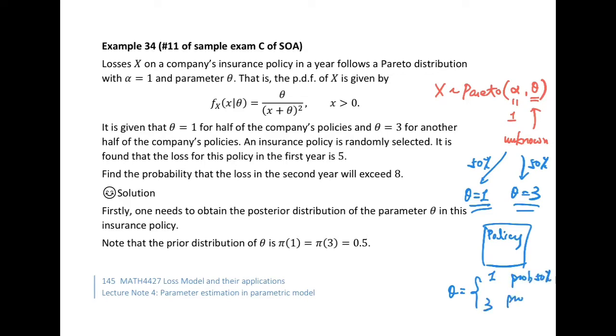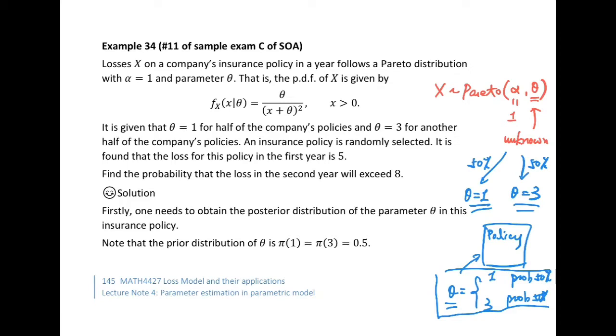Now what I want to do is try to estimate this theta for this insurance policy. Of course, without any information, this is the best guess that I can have, isn't it?